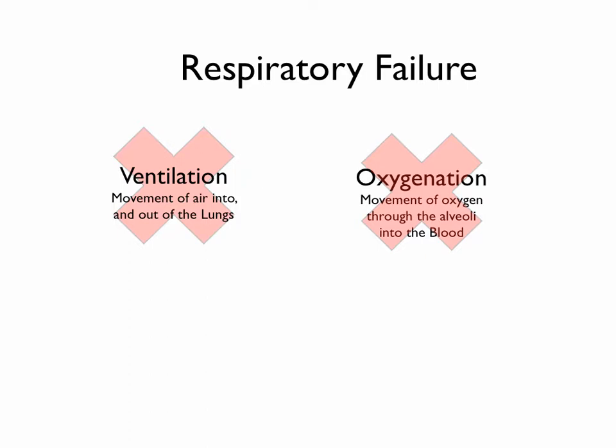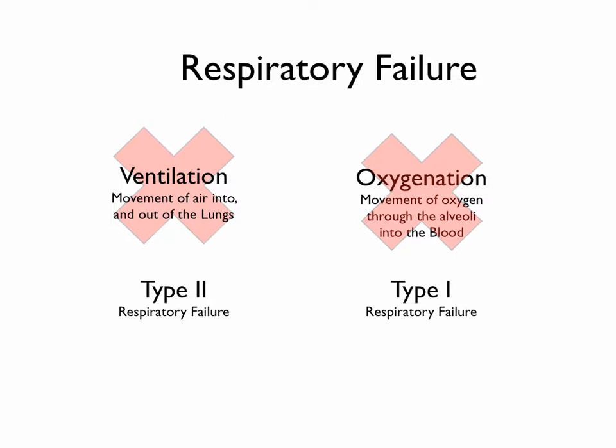Now, it is important to note that there are two types of respiratory failure. The first is what we call type 1 respiratory failure, and that refers primarily to a failure of oxygenation. There is then a type 2 respiratory failure, which is more a failure of ventilation. That means a failure to move air into and out of the lungs.